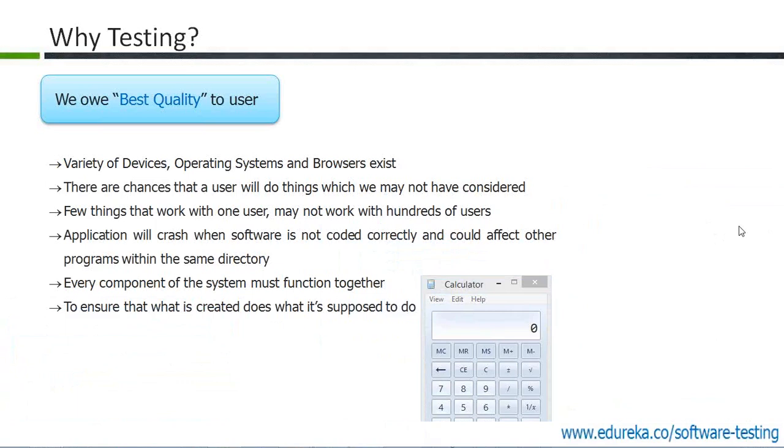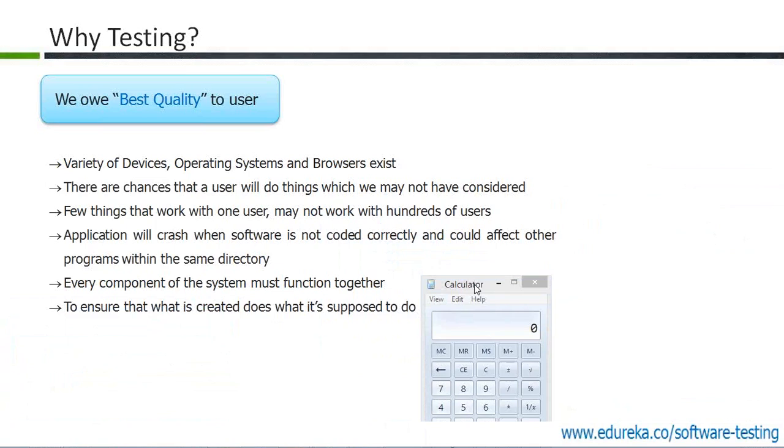You understood? The application that is working in Google Chrome may not work in Firefox or Safari or Mac machines and so on.